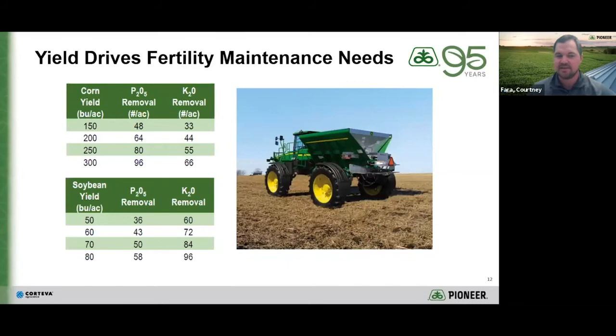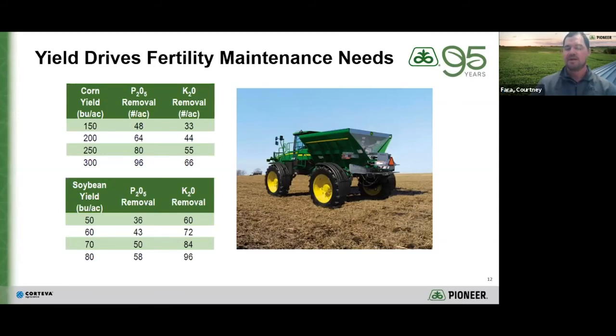Another thing to touch on, guys: if we're going out on a 2-year spread with 100 on a P and K application, and we're taking off 250 bushel corn and 70 bushel beans, we're starting to take a little bit more out of that soil reserve than we want to.